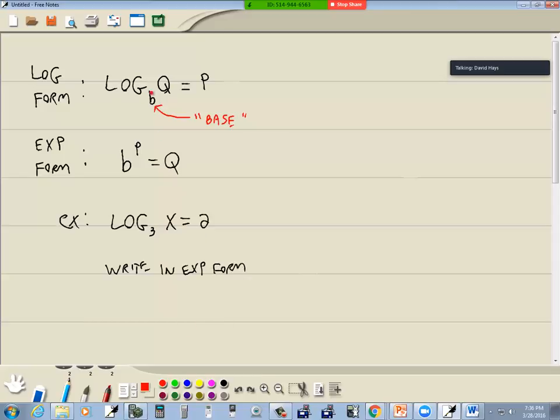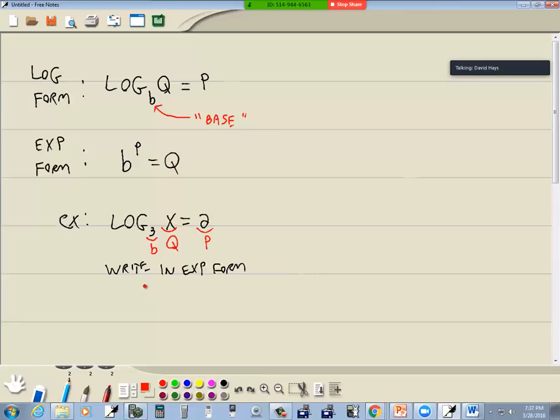Well, how you do this is you match it up against your form up here. We said the number that follows your log that's a little smaller and set down is going to be your b. So the 3 is our b. We then said whatever follows that is your q. So this will be our q. And then the other side of the equals will be our p.